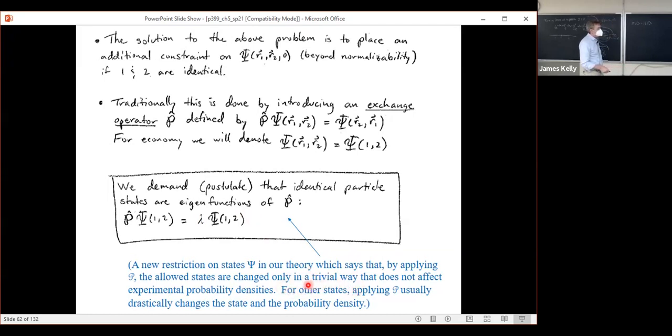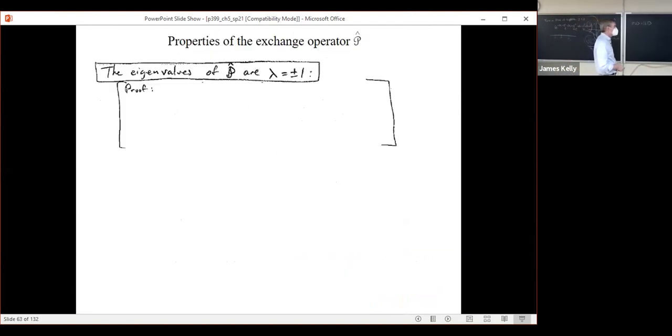If we're not in one of these allowed states that is an eigenfunction of the exchange operator, applying this permutation or exchange operator drastically changes the state, and it changes the probability density. So we're talking about very special states here, and we need to figure out what those states are, which of course is going to lead towards the answer to Elvis's question. But first we need to develop some of the properties of the exchange operator.